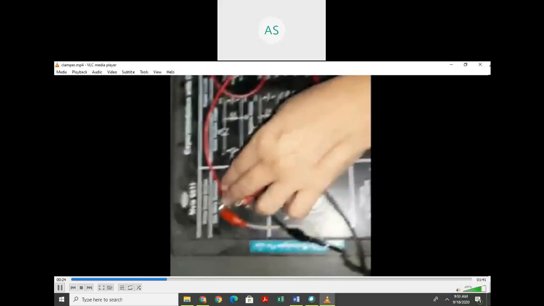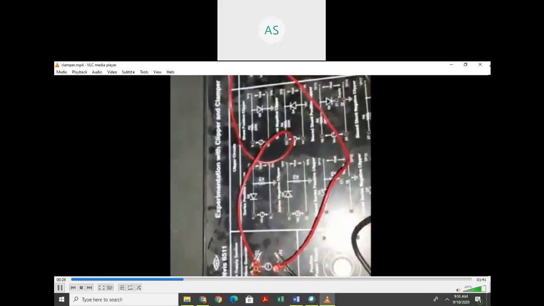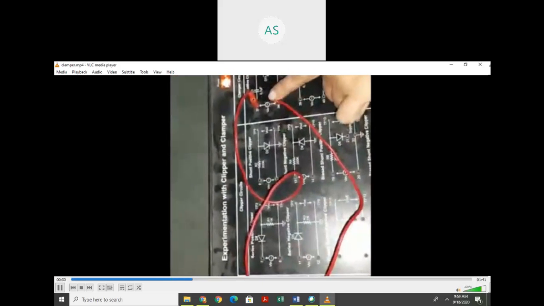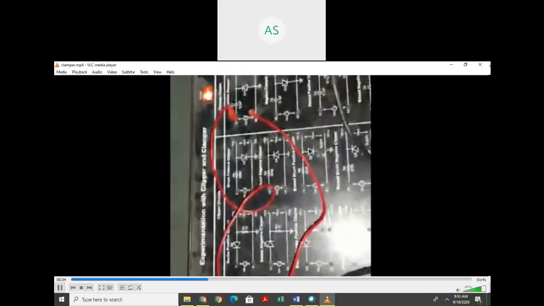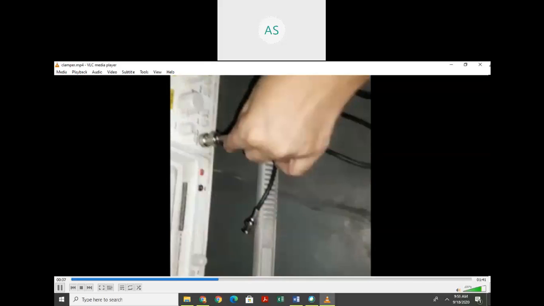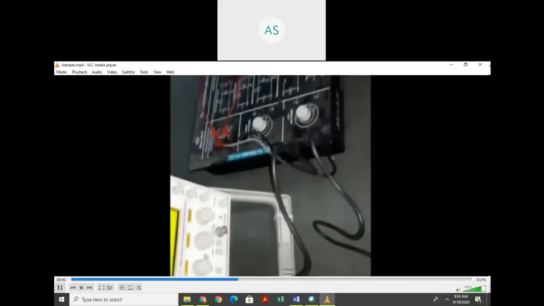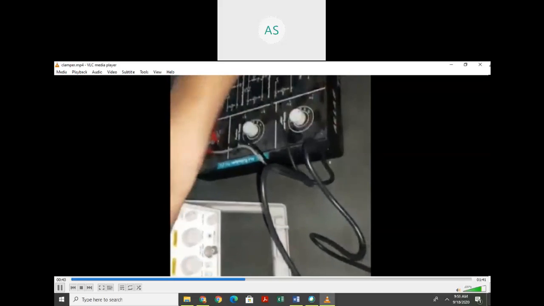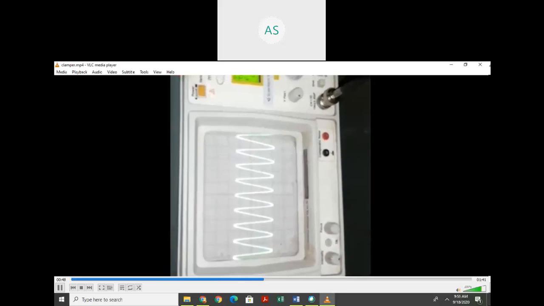This positive terminal is connected to the 17 and negative terminal is connected. And if we increase the voltage, this is 0 volt, and corresponding output voltage is shown in CRO.